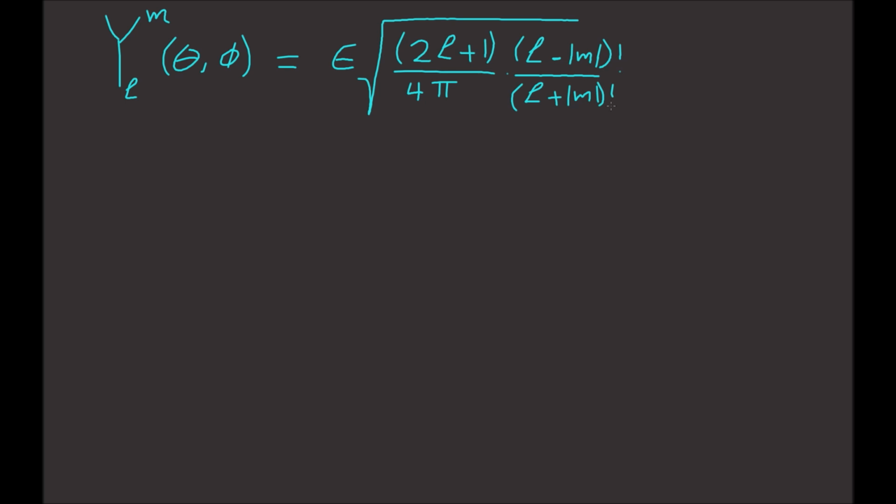So that's all square root here. Times e to the i m phi, this is our phi angle solution, times our associated Legendre polynomials of cosine of theta. There you have it.